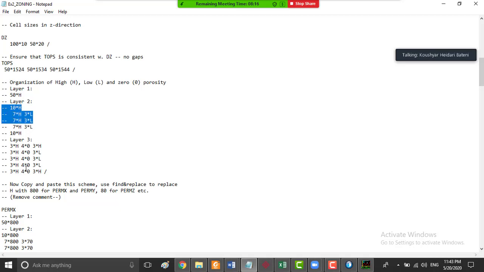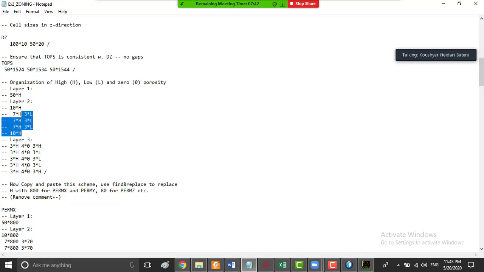That is the question. Now look, this is what you see here: 10 cells with the high porosity region's property, and after that 7 cells with the high porosity region's property, and after that 3 cells with the low porosity region's property.